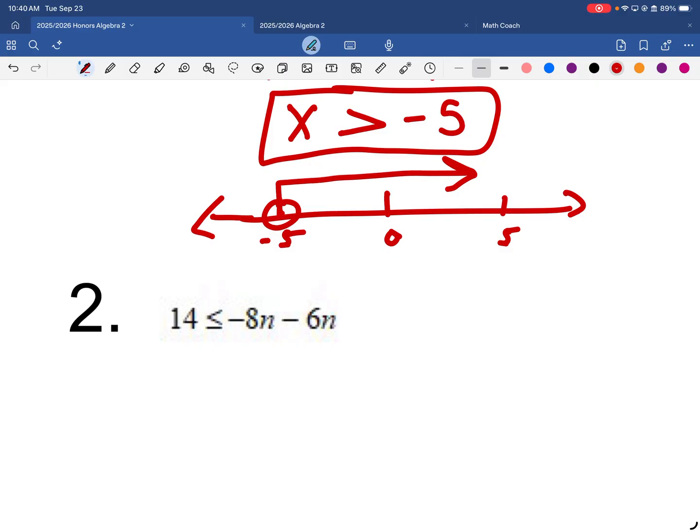Every single one of those values, if I plug it into my original inequality, is going to be a solution. If you put the arrow above, if you put the arrow on the line, if you shade it in, I don't care. It makes no difference to me. Whichever way you demonstrate that it goes off to all the numbers that are greater than it, we're good to go. Okay? Questions with that first one?